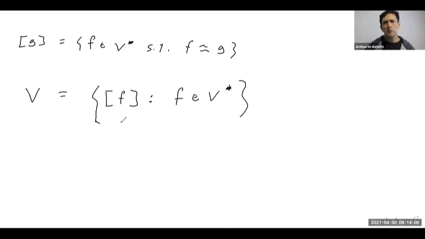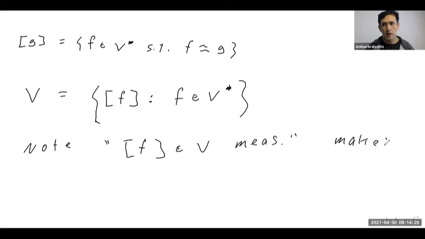And so in this perspective, it actually kind of makes sense to speak of a measurable element in V. And why is that?